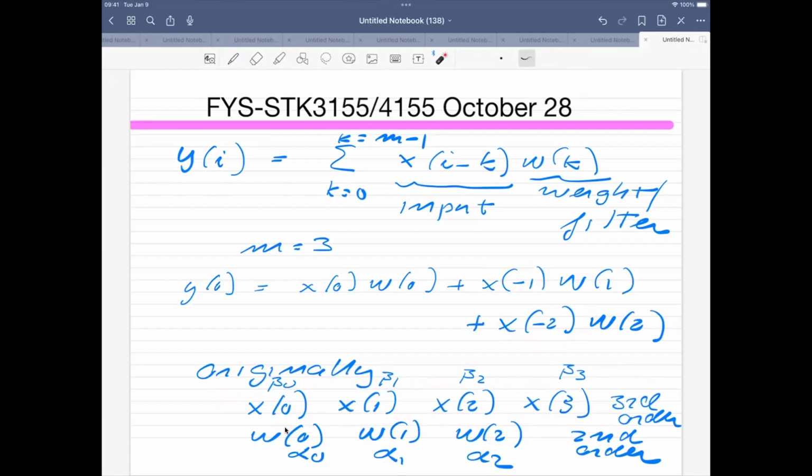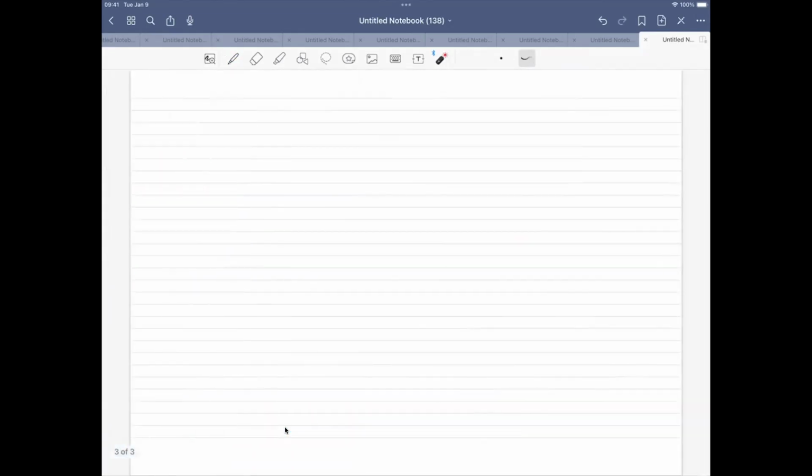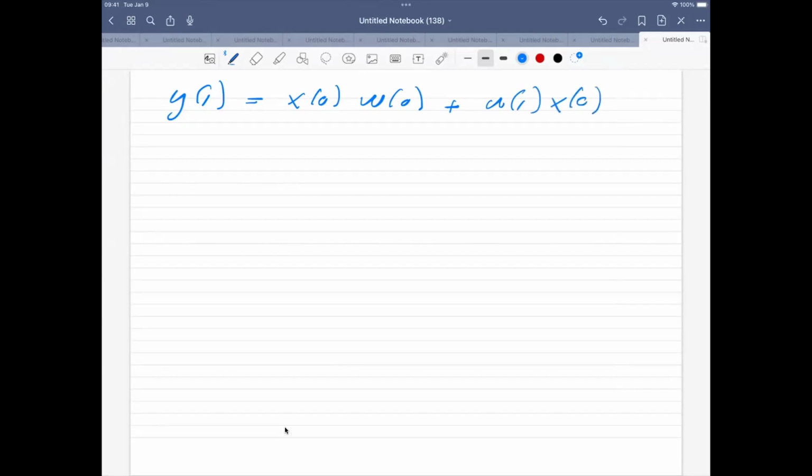This problem also appears in the next case. If I now look at y of 1, I will have x0 times w0, and x1 times w1, but then I'm going to have an x of minus 1 times w2, and this is also not defined in the original vector.